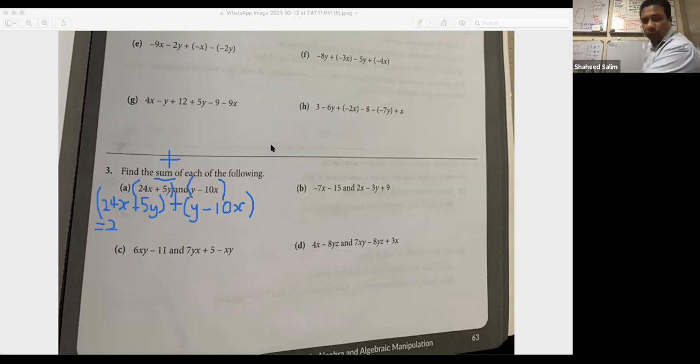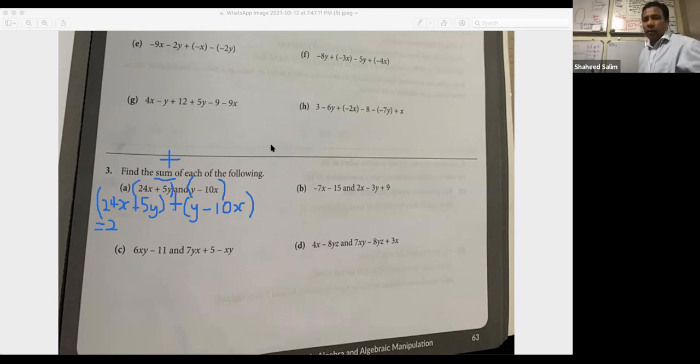Is the answer 40xy? Cannot be 40xy. Okay, we run through the answers shortly. What about Zahira? I have not heard from Zahira. She's not giving me any answer. Or maybe just now she gave one answer one time.